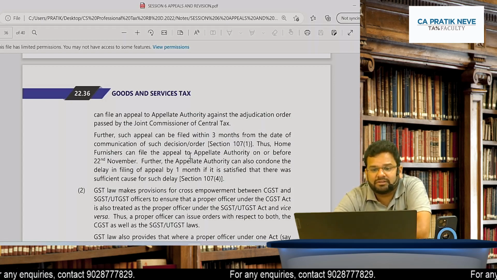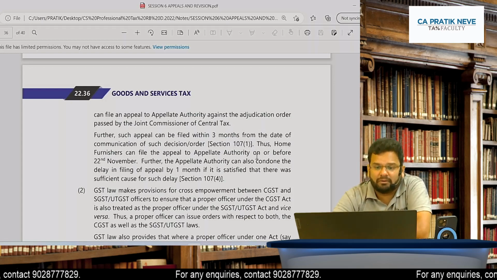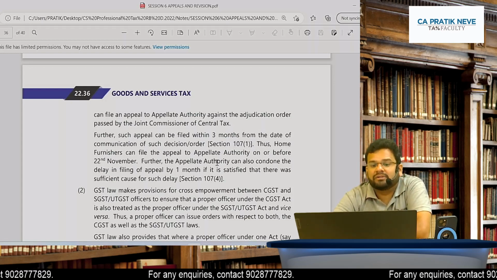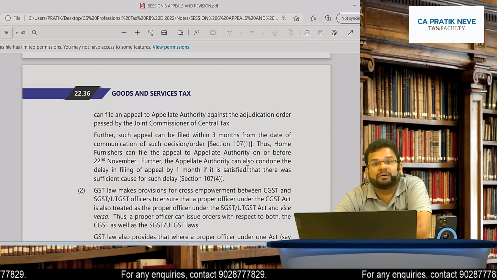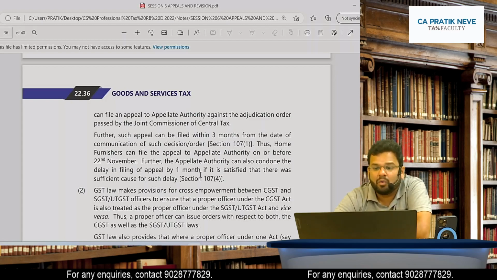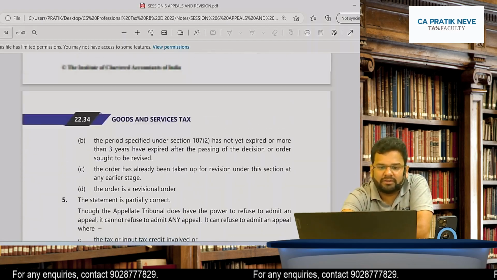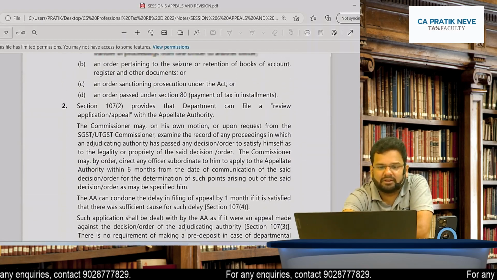Thus, Home Furnishers can file appeal to appellate authority on or before 22nd November. Further, there is a condonation of delay also possible by AA. That condonation of delay can happen by 1 month. Now, see what is the second question they are asking you.